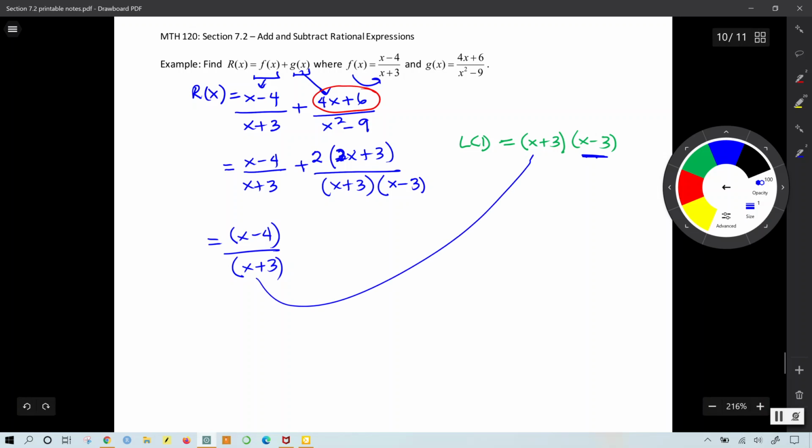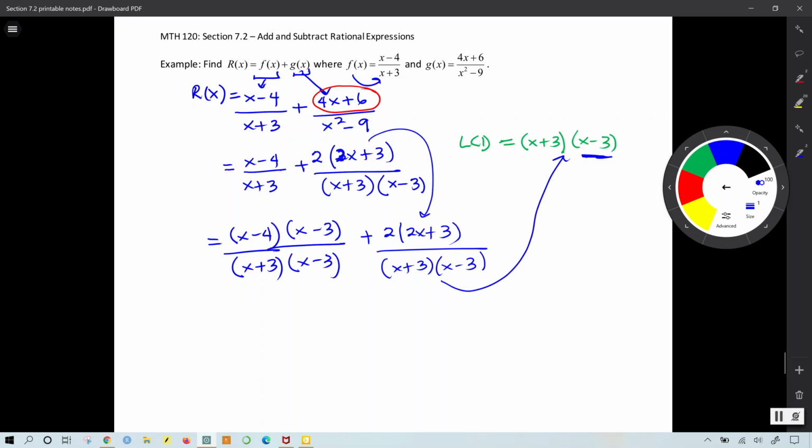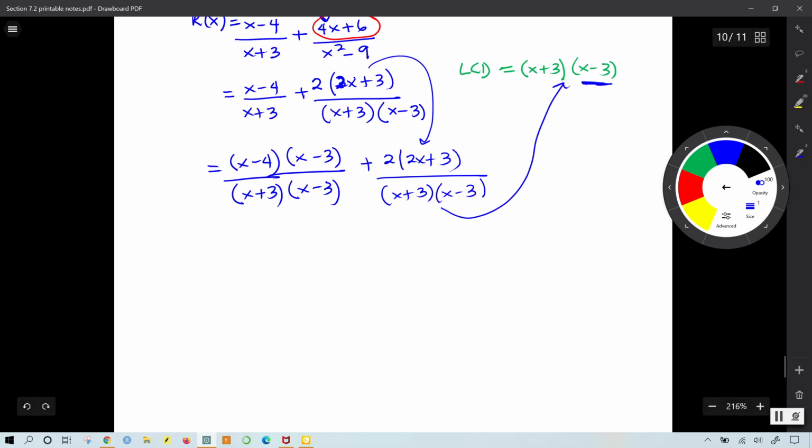It needs an extra source of x minus 3, both on the top and on the bottom. Now that that is fixed, we look at the next fraction, which is 2 times 2x plus 3 divided by x plus 3 and then x minus 3. This fraction does not need any extra source or element because the bottom already matches the LCD.